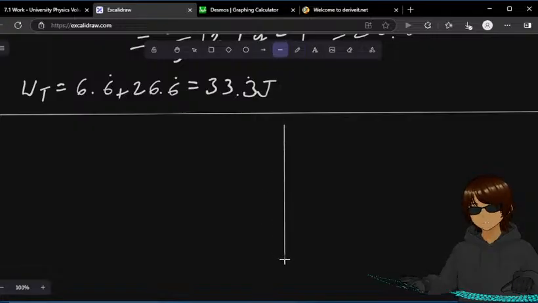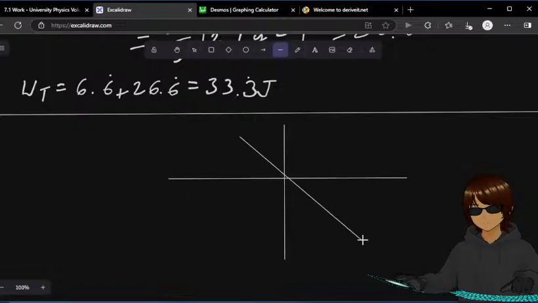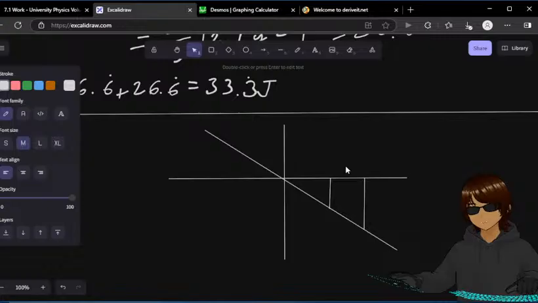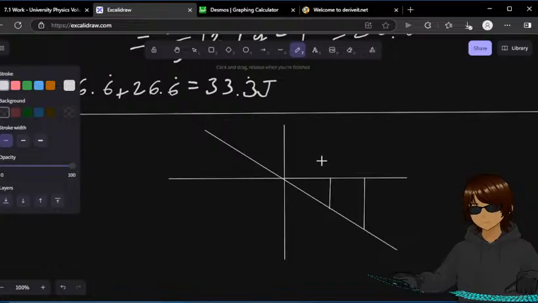Let's say this is XA. Should I write B on the other end?